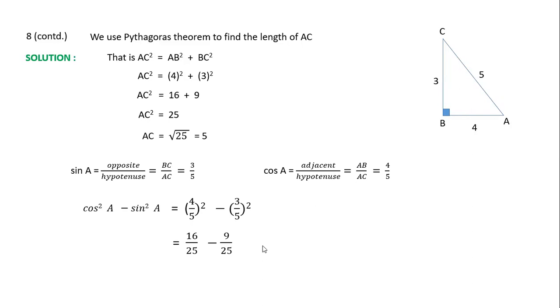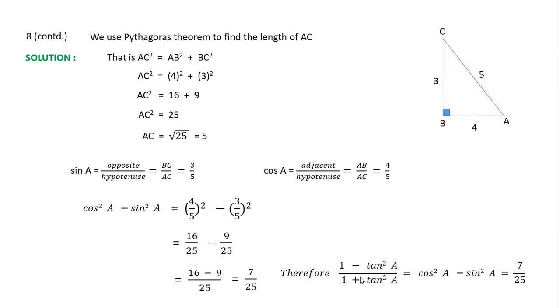So just write 16 minus 9 upon 25. Subtract it. You'll get 7 upon 25. So if you see here, we got 7 upon 25. Here also we are getting 7 upon 25. So both these values are equal. Hope it's clear.